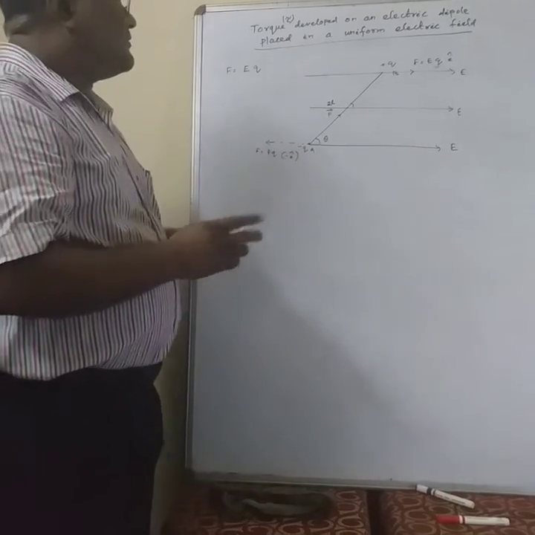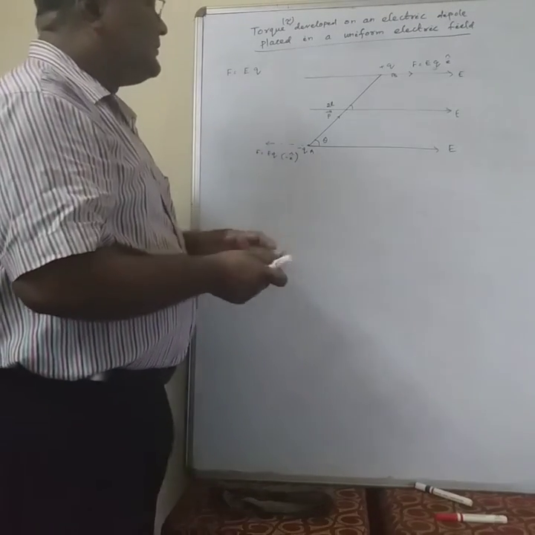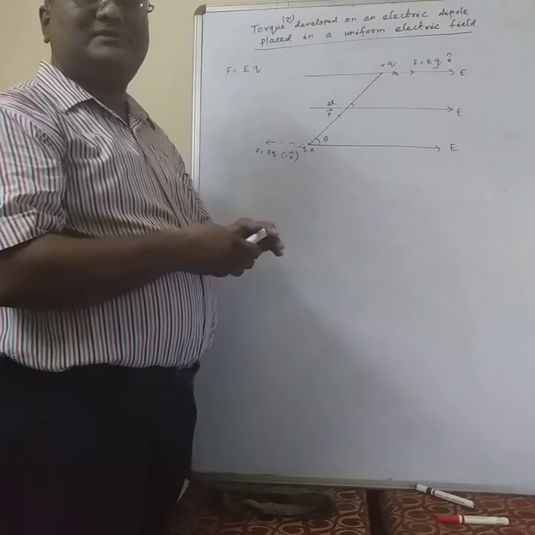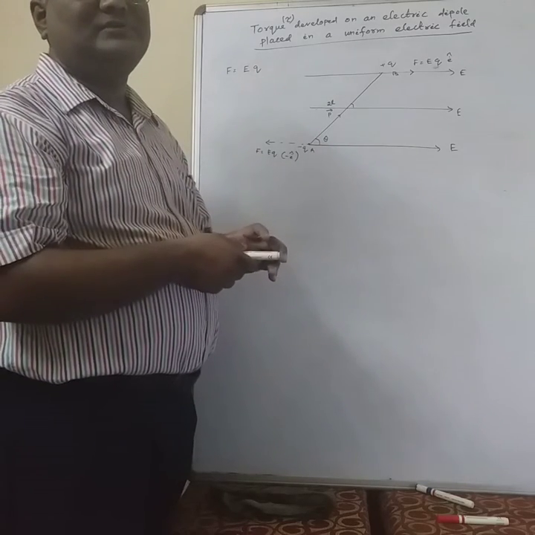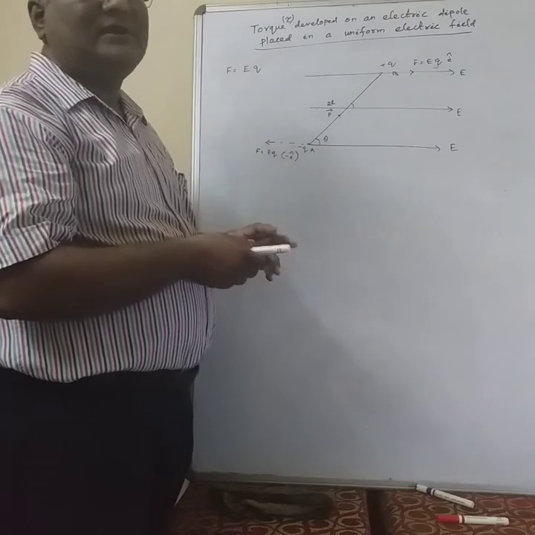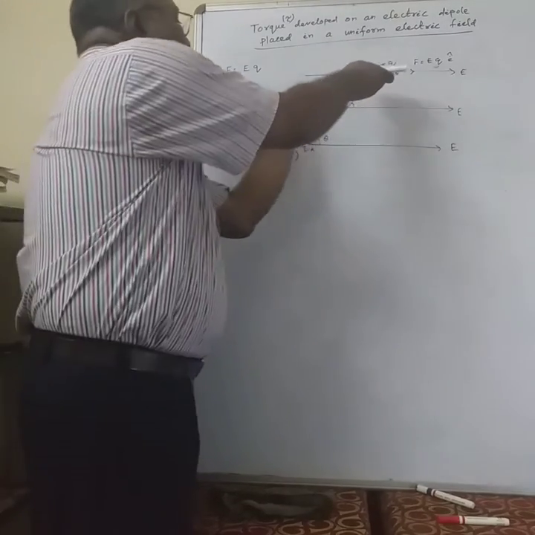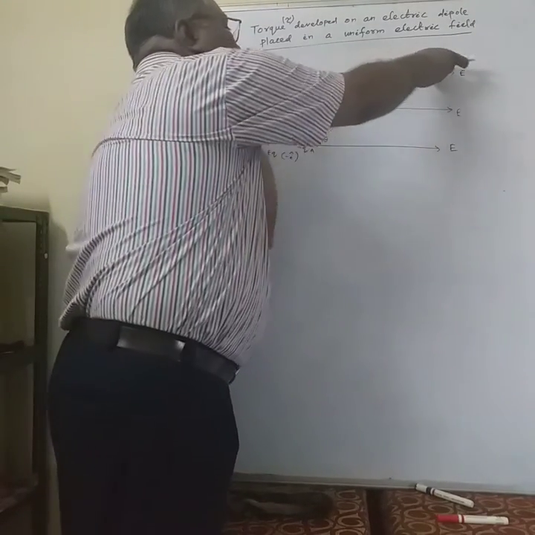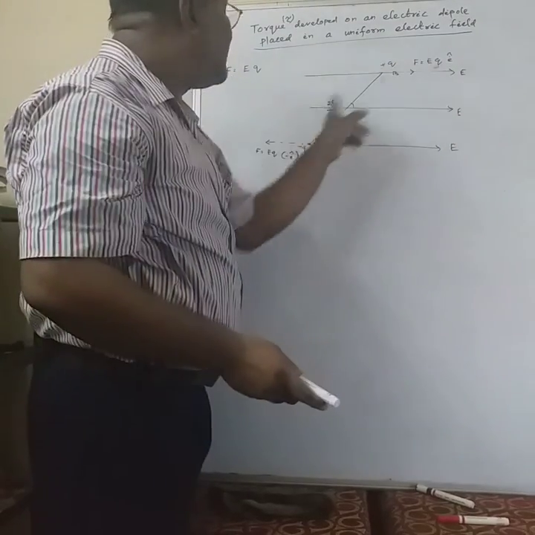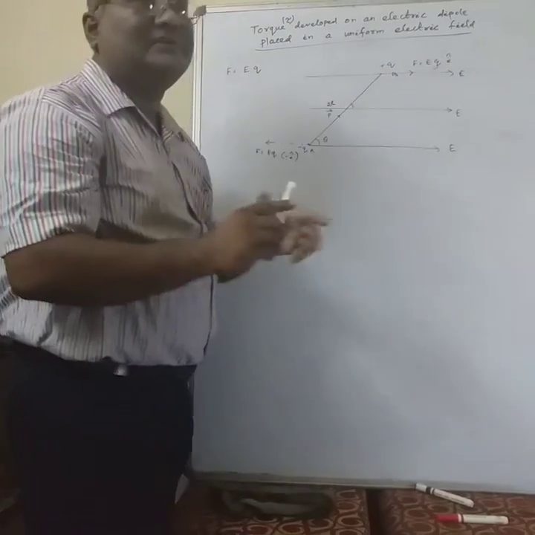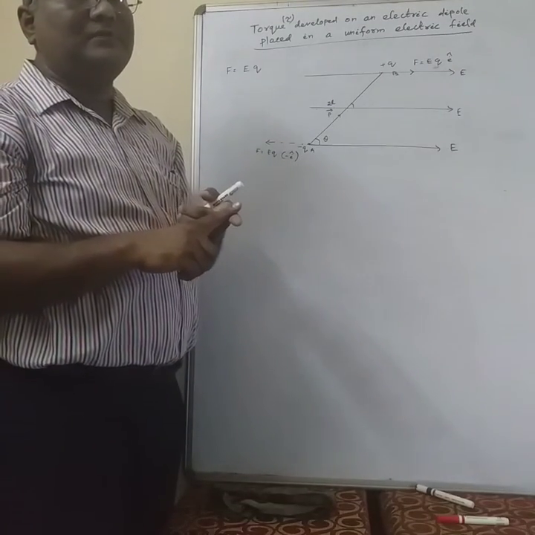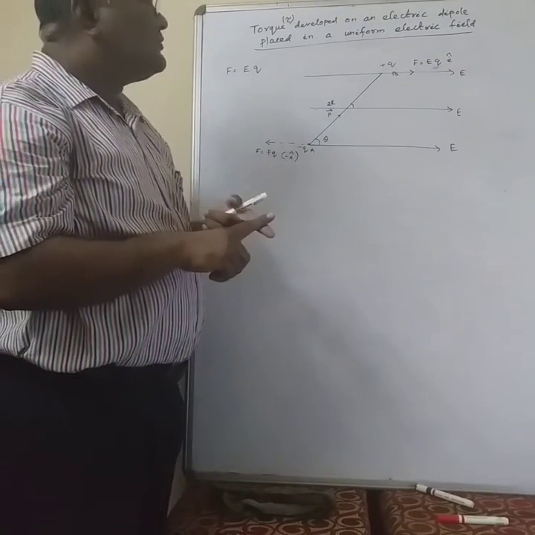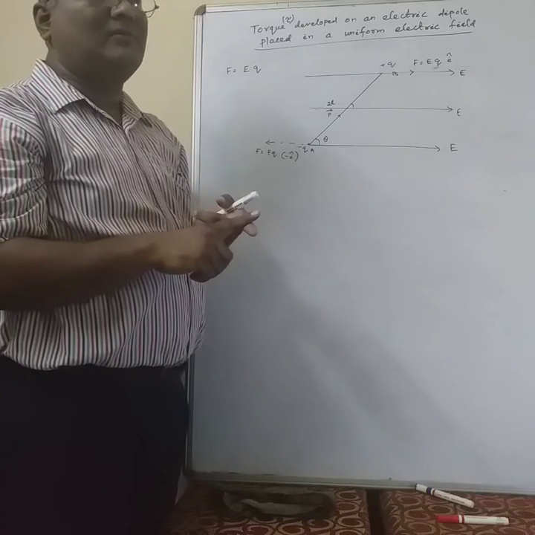The condition for a couple or torque is: if two equal and opposite forces act on two different lines of action, then it will constitute a torque. Here the two forces are acting on different lines of action, their magnitudes are equal and directions are opposite. Three conditions. Number one, the magnitude of the two forces must be equal. Number two, the directions of the two forces are opposite.